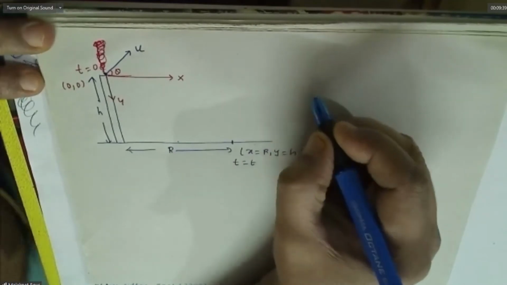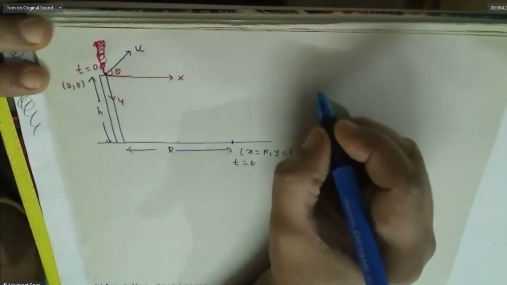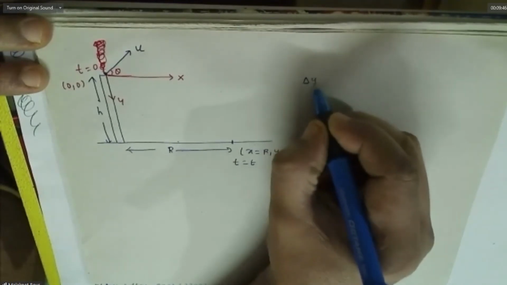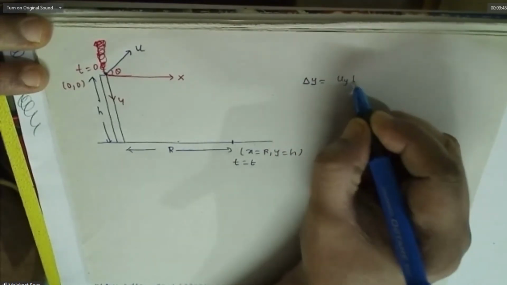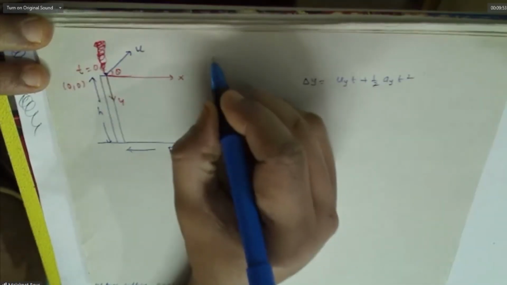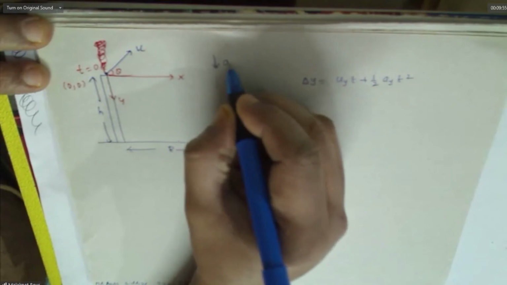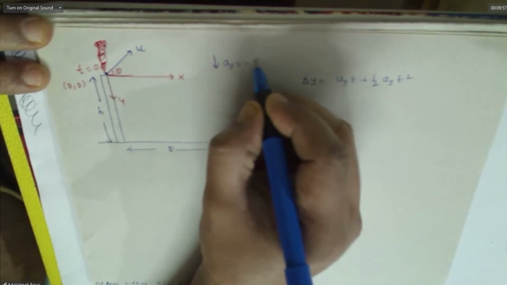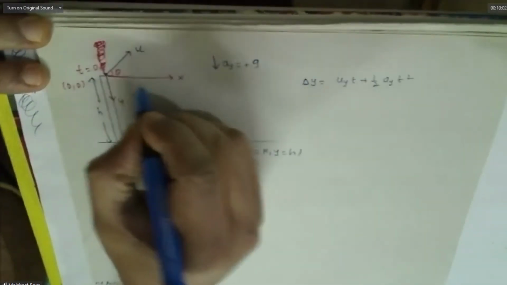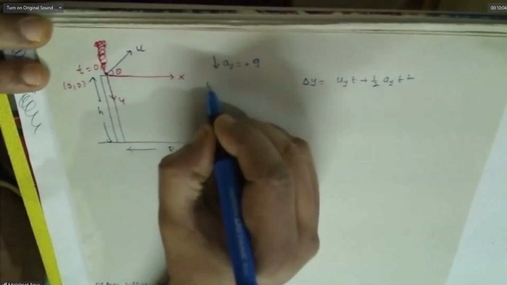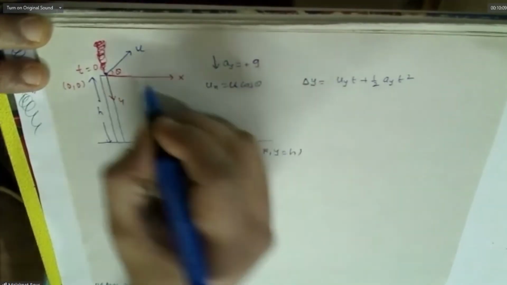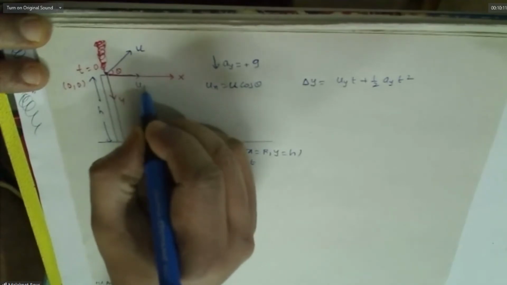Suppose you want to know the time of flight or trajectory equation. Delta y: now you can see a_y is this side, plus g only. This is u_x, which is u cos theta.